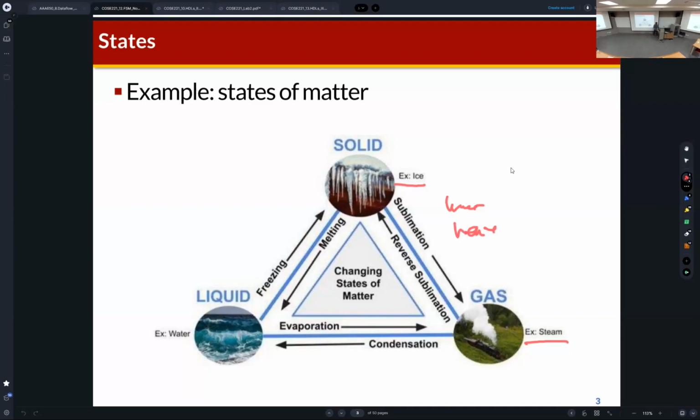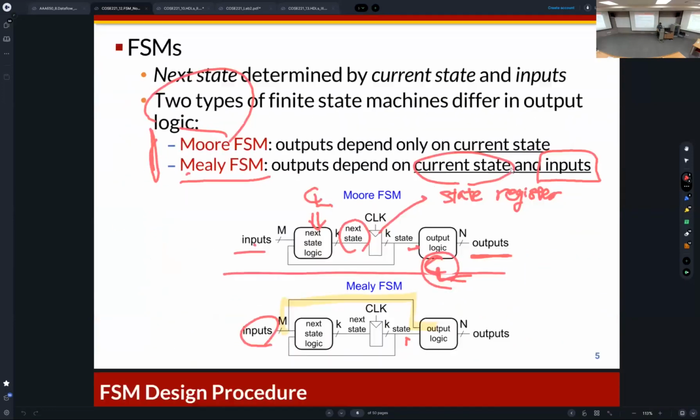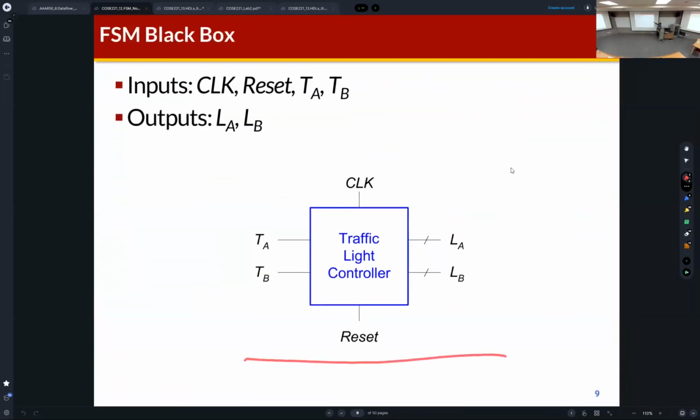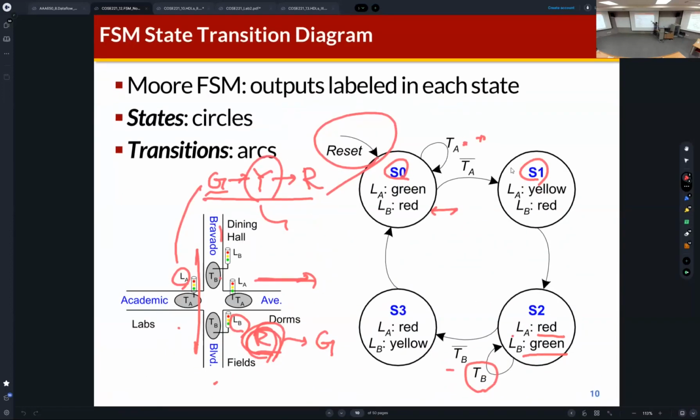In order to design the finite state machine, we need to first design the state diagram. Firstly, we can define the input and output signals, and then based on the input and output signals, we can sketch a state transition diagram.